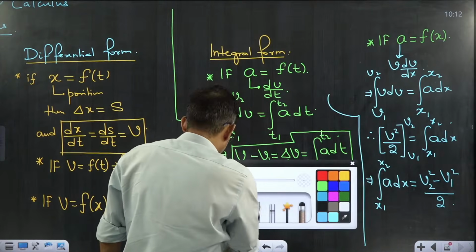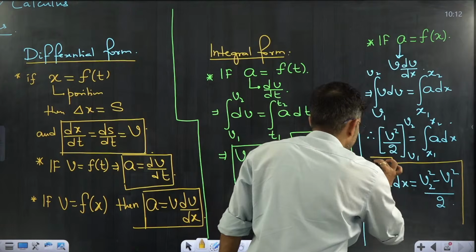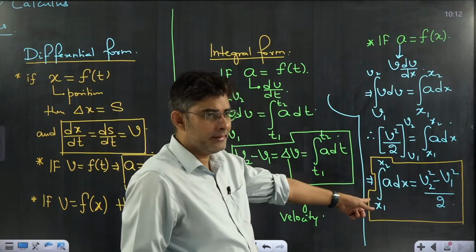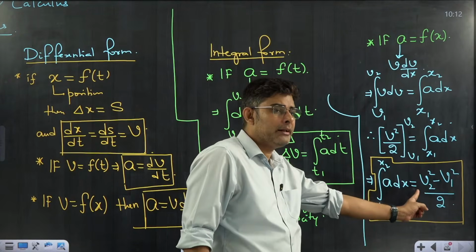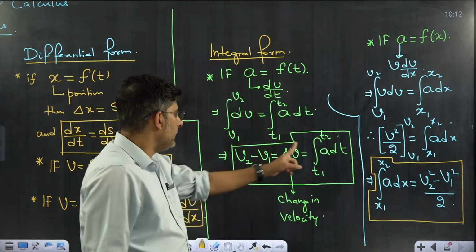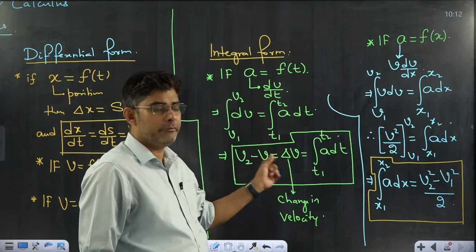Another very important form: whenever we have acceleration as a function of x and you integrate acceleration with respect to x, you will get v final square minus v initial square by 2. If you integrate acceleration with respect to time, then you get the change in velocity, v2 minus v1.